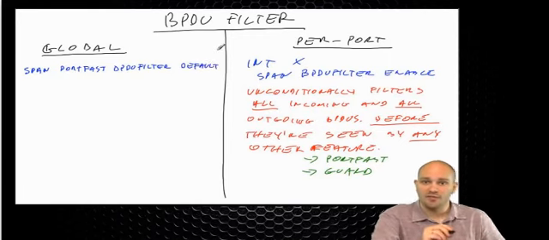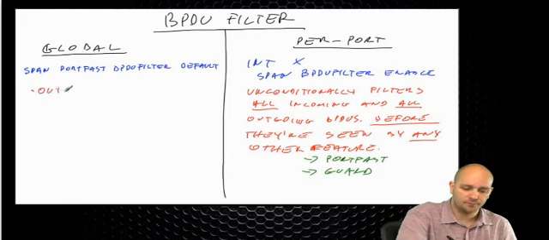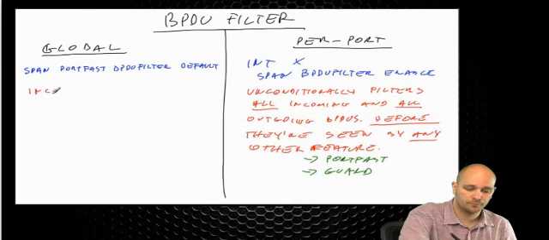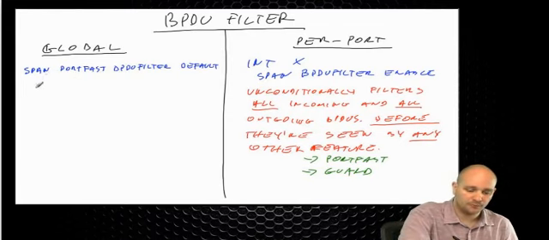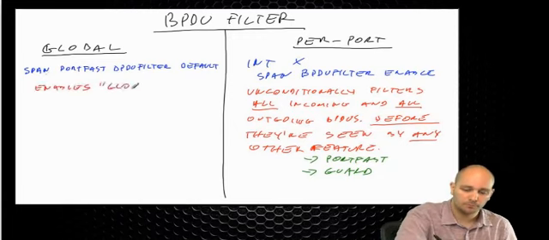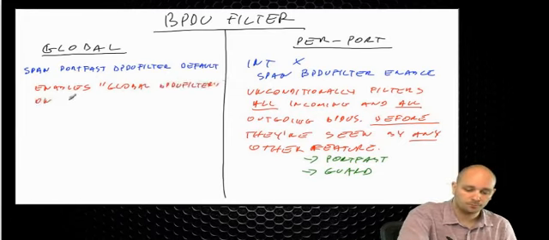Now, when you configure this globally, let me start with the incoming BPDUs. Actually, let's start over. This is conditional. It enables, I'm going to call it global BPDU filter, on all operational portfast ports.